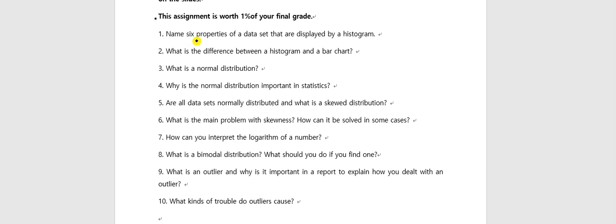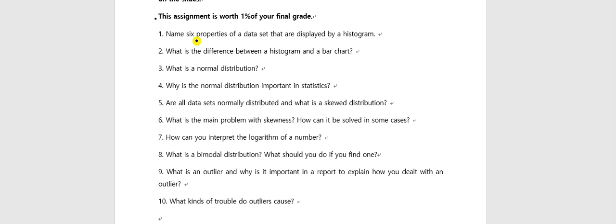They show concentration of numbers, where the numbers mostly lie. They include unusual values or outliers. They show also the lowest values, and the data can also be normally distributed or skewed. So usually those are six things that we can see in a data set that are displayed by a histogram.